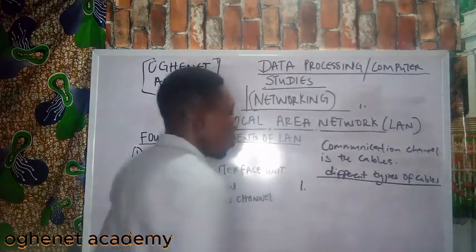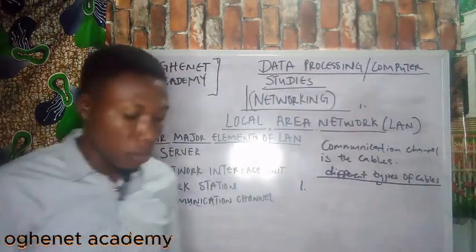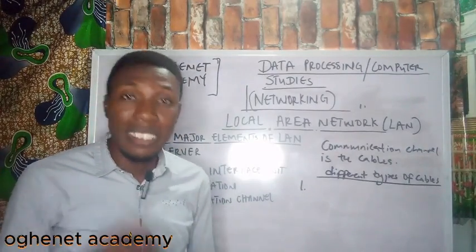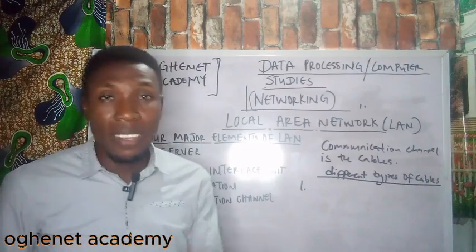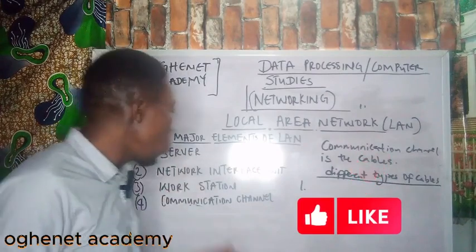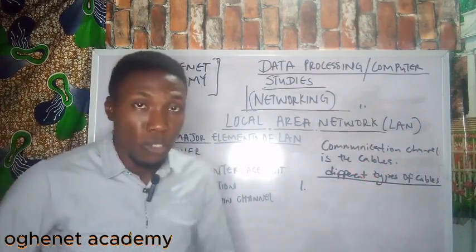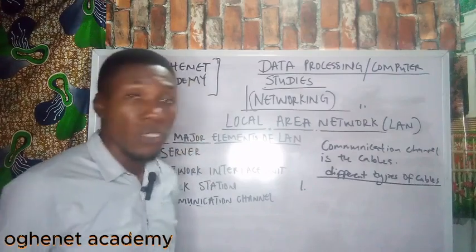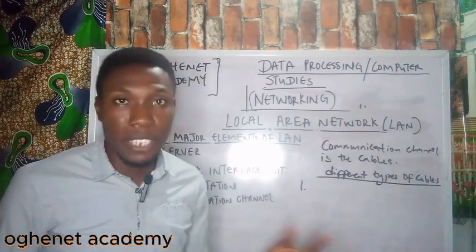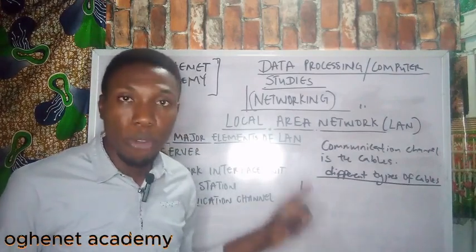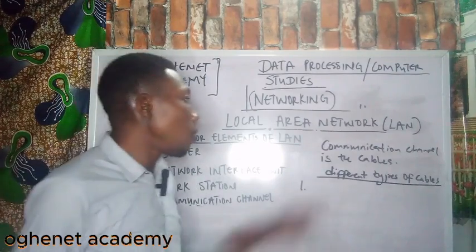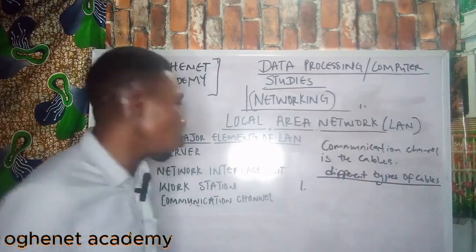Remember we are talking about the communication channel, and I said that the communication channel is the cables that carry this signal that is being taken from the server to the workstation. And I said that there are three different types of cables. We are going to focus on three different types of cables that make up the communication channel.